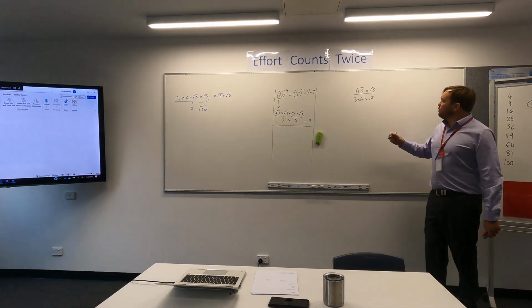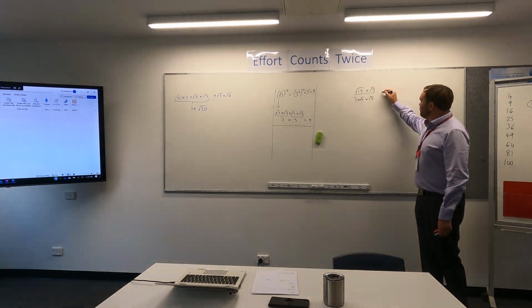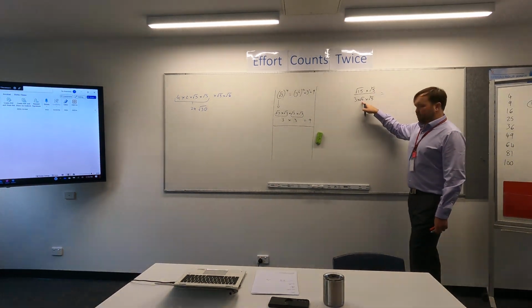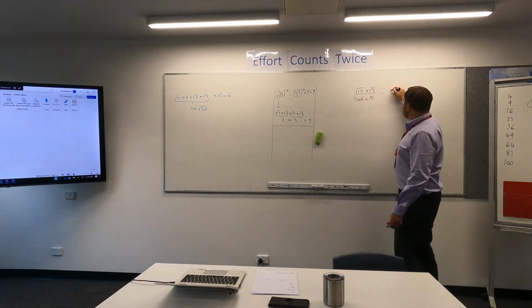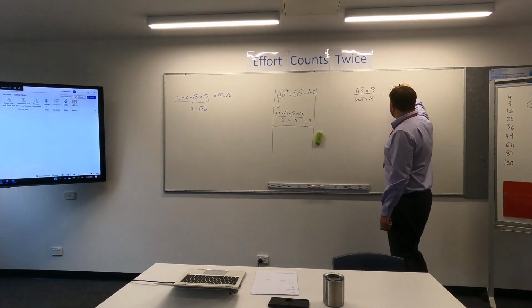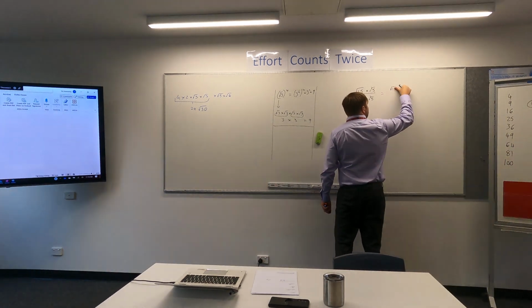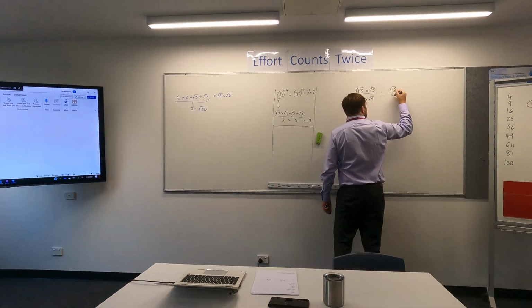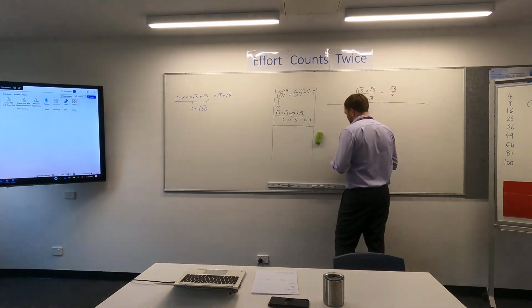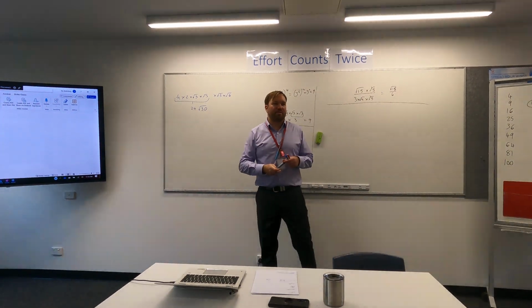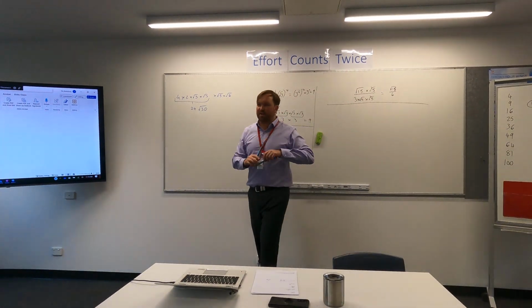And when you have the same root top and bottom, you can cancel it. Root 4 is 2, so it's root 15 on 6. And we can't do anything with the root 15 or the 6, so it's as far as we can go.